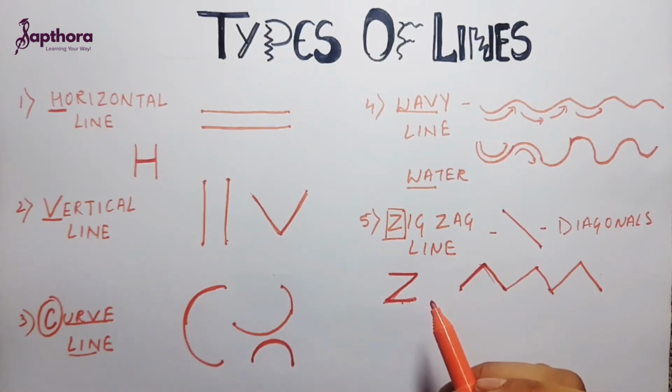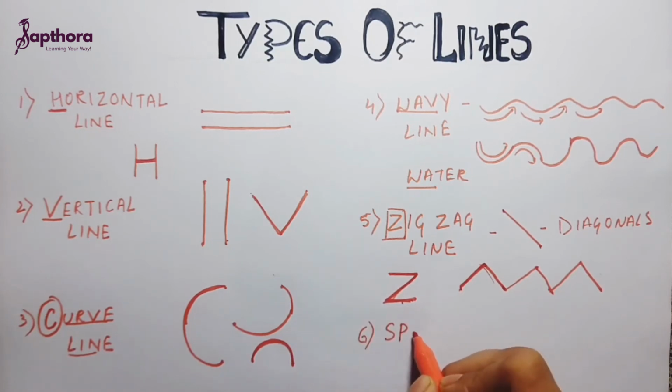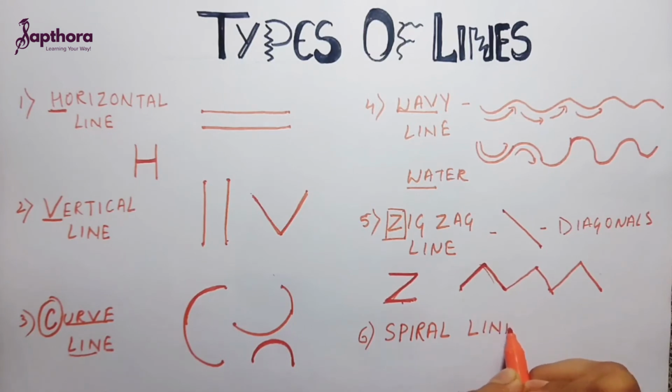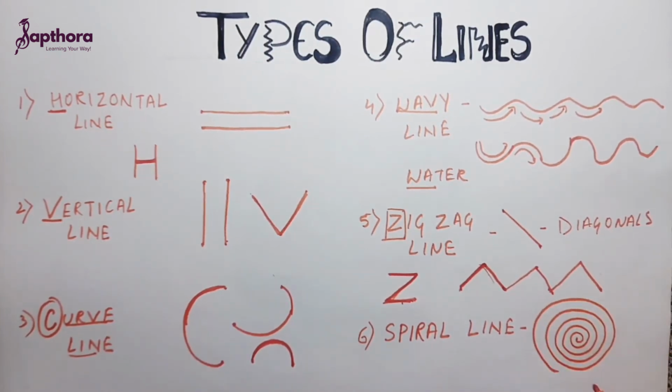Easy, right? Now we'll be learning our last line, that is the spiral line. Spiral lines are basically a continuous chain of line coming from one point. It goes around and revolves around itself, and it's a kind of never-ending thing. This is a spiral line.